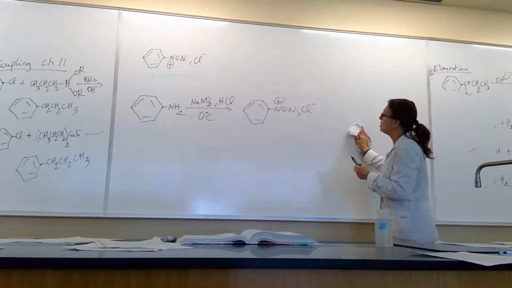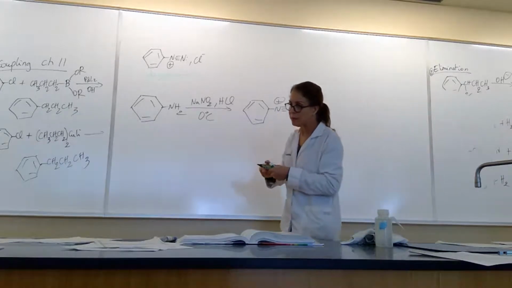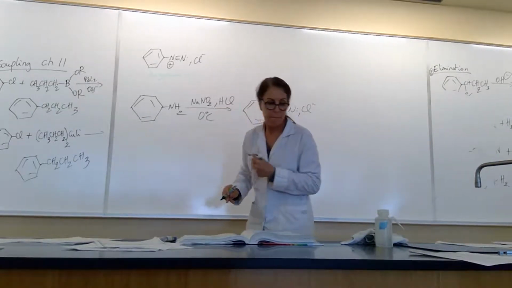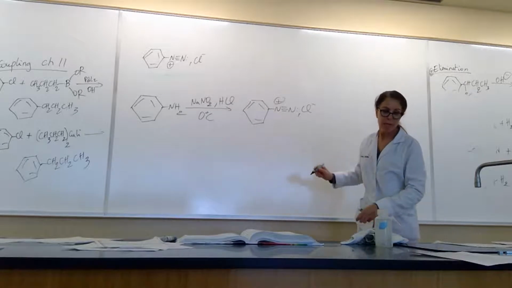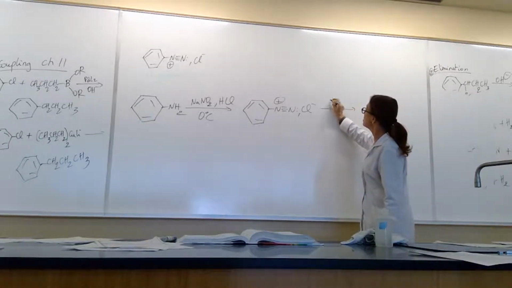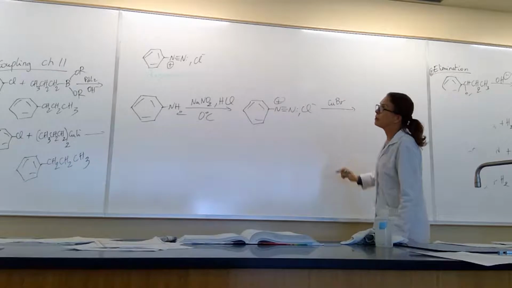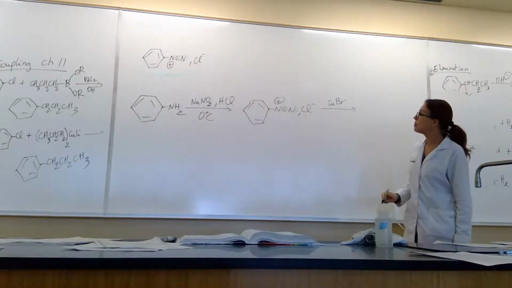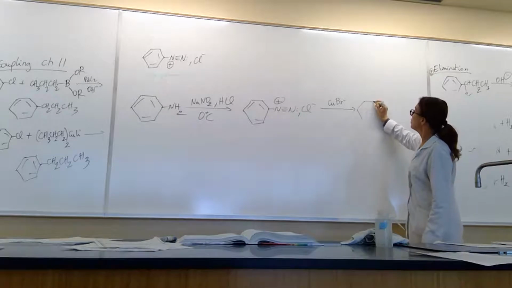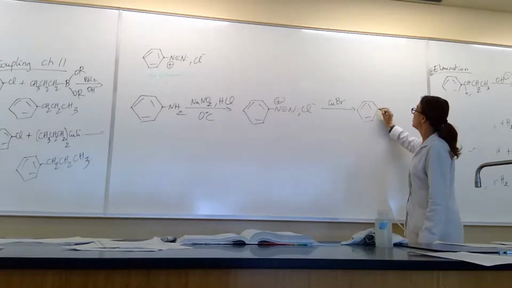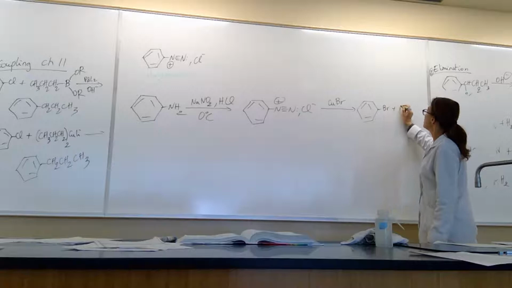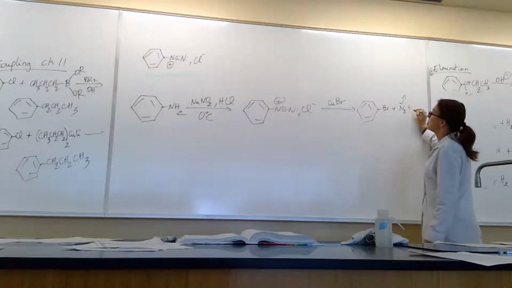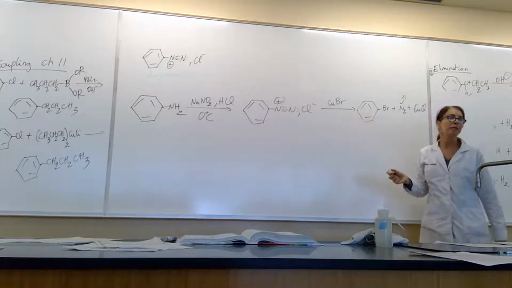Actually, I have only 3. So if I start with this one and use CuBr, so this is a cuprous salt, what's going to happen is you get the brominated compound plus N2 plus CuCl. So you see, this is really easy.